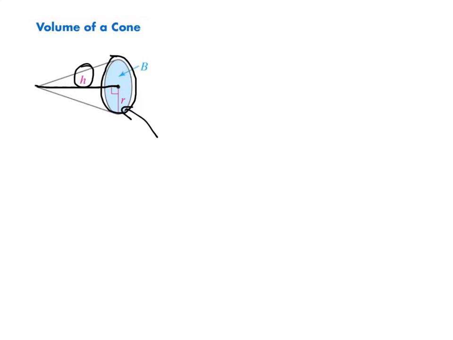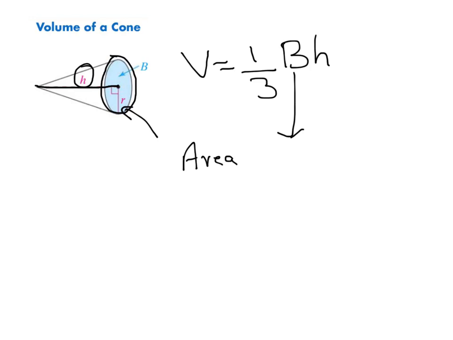So the formula to find the volume of a cone is 1/3 BH, and B is the area of the base, and the shape of the base in a cone is a circle, and h is the height of the cone.